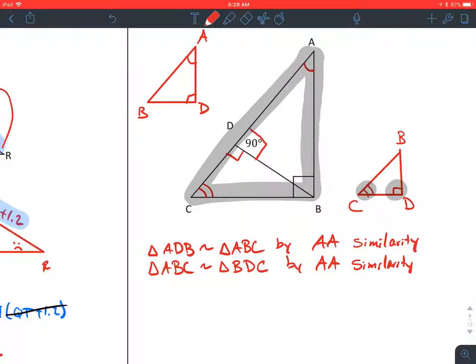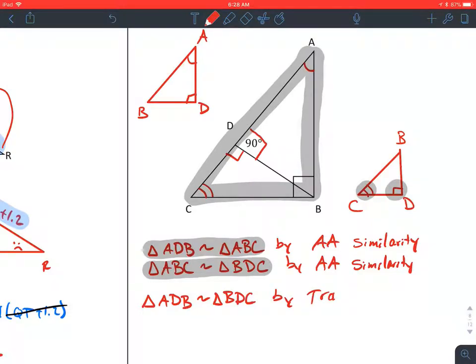Now, if you haven't figured this out by now, triangle ADB is similar to ABC. Triangle ABC is similar to triangle BDC. The fact that similarity of triangles is transitive tells us then that triangle ADB is similar to triangle BDC.